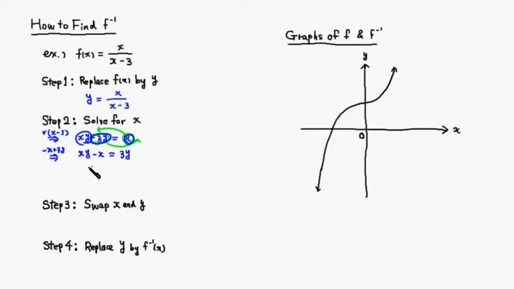Then we can factor out x from there. So x is factored out, then you have y from here. So here, this x is factored out here, and this x is factored out there.